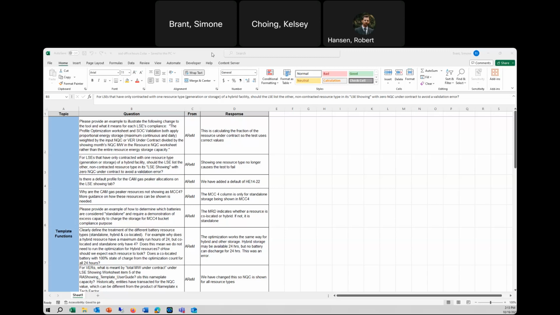But if you do have a co-located or hybrid storage, since you're already able to put that in bucket 4, you don't need to indicate it here. Otherwise, you'll need additional energy to pass that test or capacity.